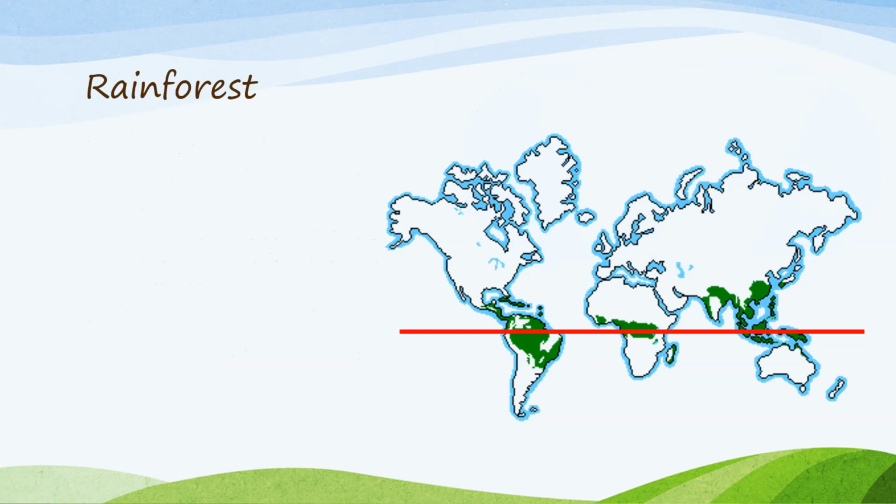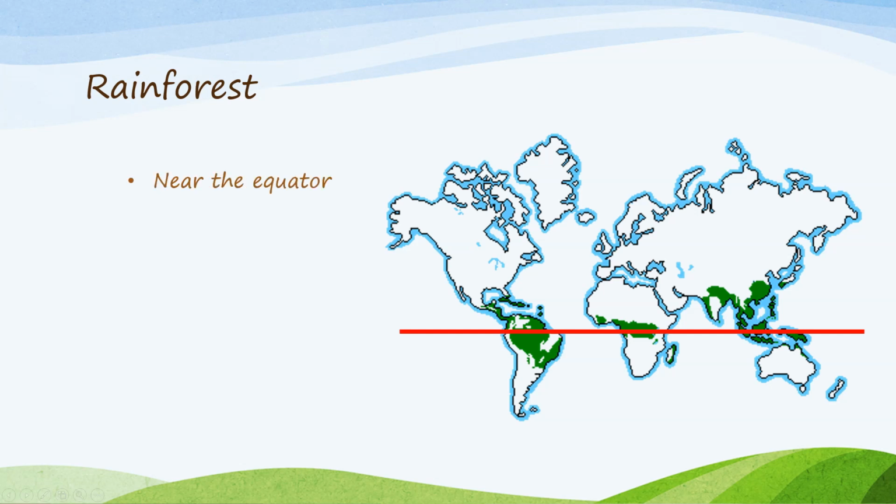First, we have the rainforest. This red line going across this world map shows the equator. And so you can see the green areas that are rainforest. And the green areas, notice, are all very close to the equator, where it happens to be very warm.